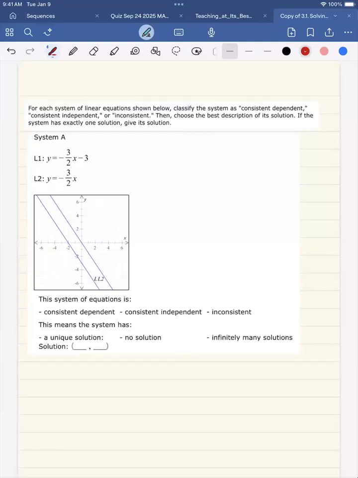In this problem, we have to figure out the terminology that describes the system of linear equations. In this case, we can see two parallel lines, by looking at the lines and also by looking at the equations, those slopes are the same.